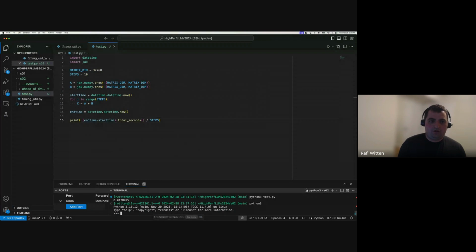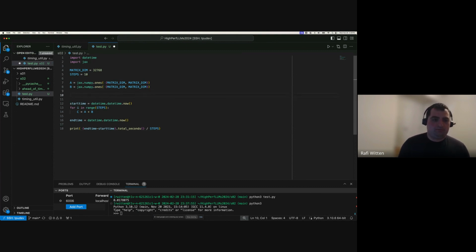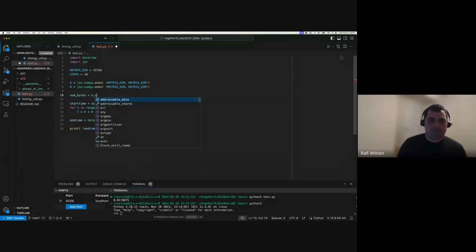So we have two matrices. So the size is, maybe we'll work it out here. Number of bytes equals a dot size, and now times 4, because it is FP32.